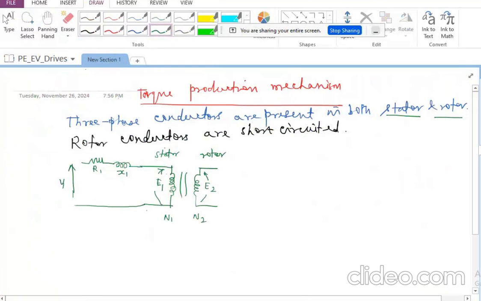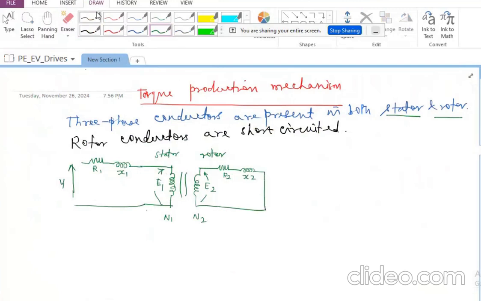And definitely the rotor conductors will also have their own resistance, and we are going to have some leakage. Definitely all the flux that is produced in the rotor circuit is not going to link with the stator. So let me call this R2 and this X2, and this is short circuit.